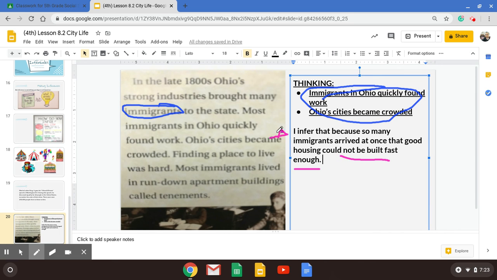So that's my inference. Could you have made another inference different than mine? Absolutely, you could. So what I want you to do now is there's a couple questions for you to practice in your textbook on making inferences. Let me know if you have any questions.